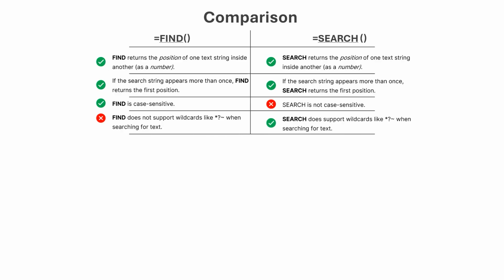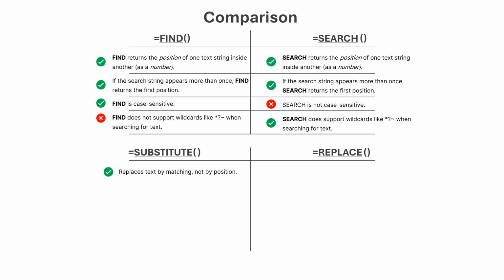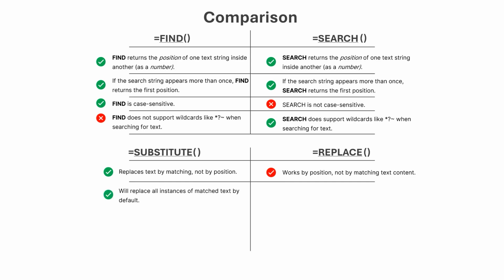Now let's compare substitute and replace. Substitute replaces the text by matching the text but not by its position, while replace works by position, not by matching the text content. Substitute will replace all instances of matching text, while we use replace when the text to replace has many variations.